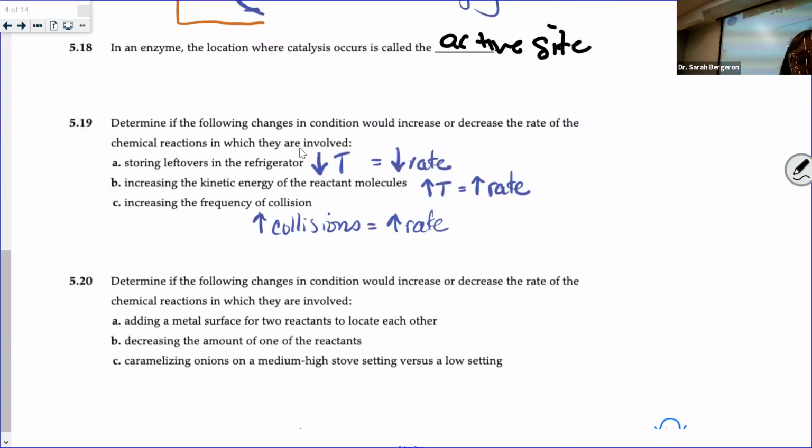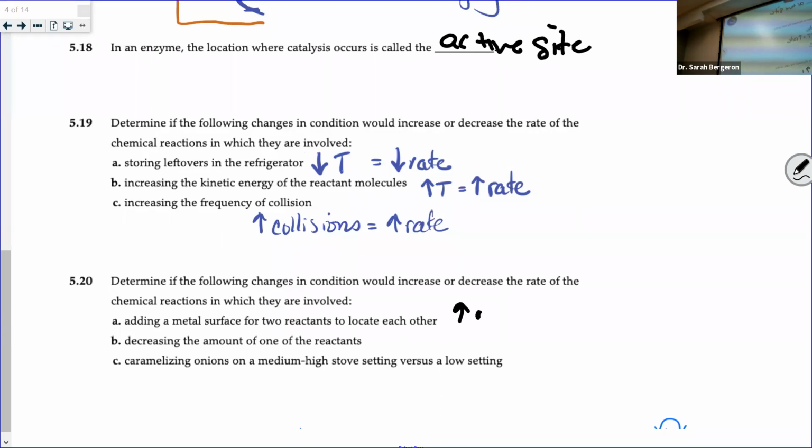All right. Now, we want to know how changing conditions are going to affect our rate of reaction. Is it going to speed it up? Is it going to slow it down? So what if we have a metal surface that two reactants can basically rest on in order to interact with one another? You're providing them with a surface that's going to promote interaction. So what's going to happen?